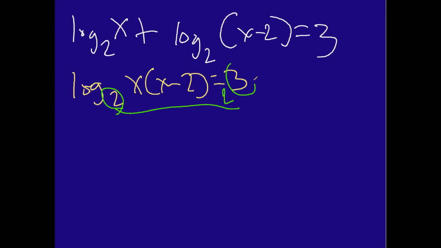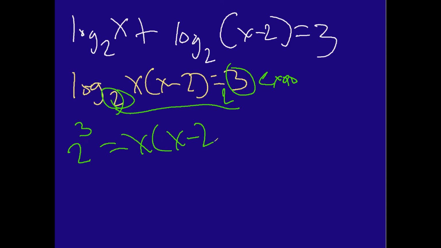And then the 3 is going to become the new exponent. Trust me, this will make more sense when you see it. And then x times the quantity x minus 2 is going to stay the same. So here's what we got now. We're going to have 2 to the third power, because I'm taking this 2 and making it the base, and I'm taking this 3 and making it the exponent, equals x times the quantity x minus 2.